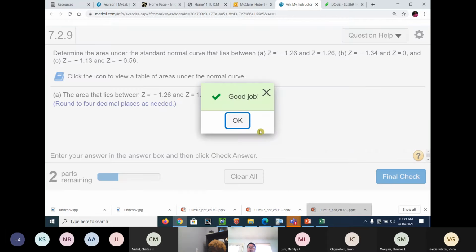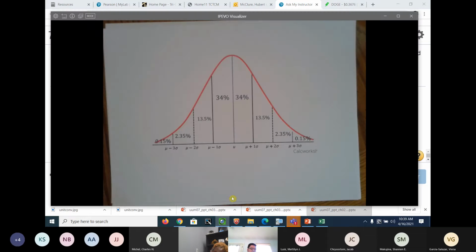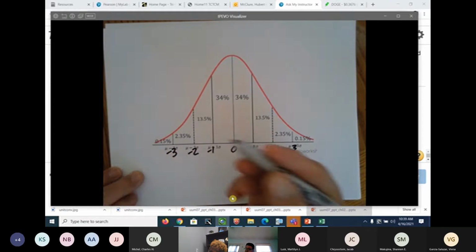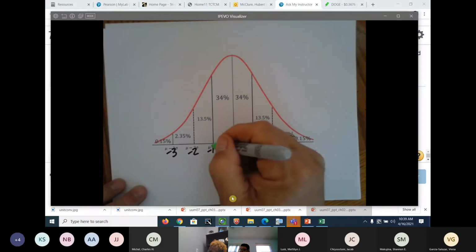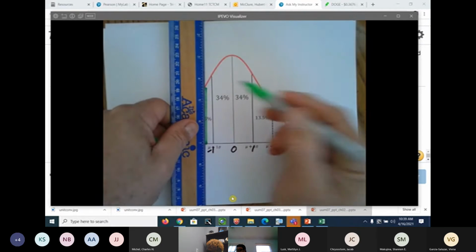And now we're going to do negative 1.34 and 0.